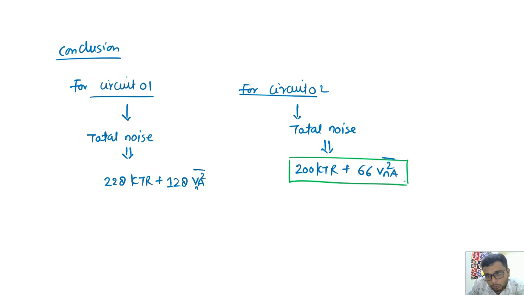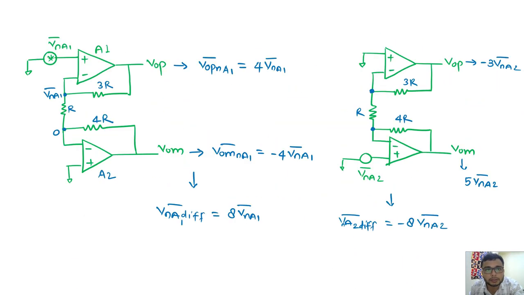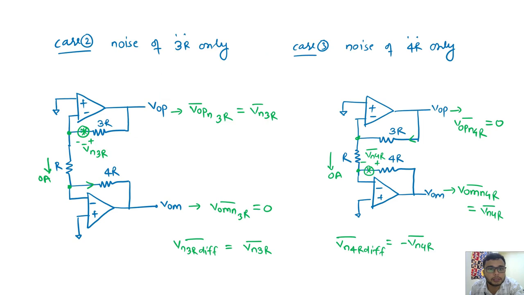So if I compare both the circuits, we can see, if the calculation is correct, then noise in this circuit 2 is less than the noise at the output of circuit 1, and the differential gain is the same. Differential gain is what? Gain for this first circuit is 4R and minus 4R, so 8. Okay, gain is 8 here.